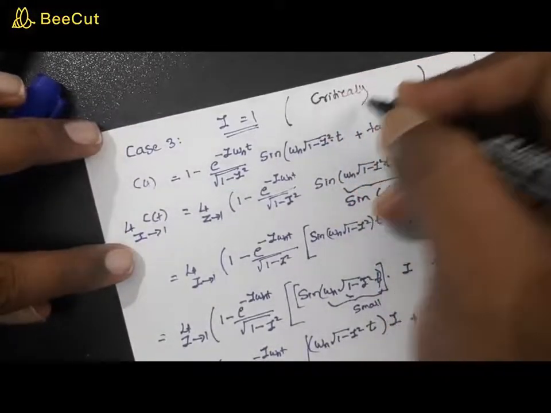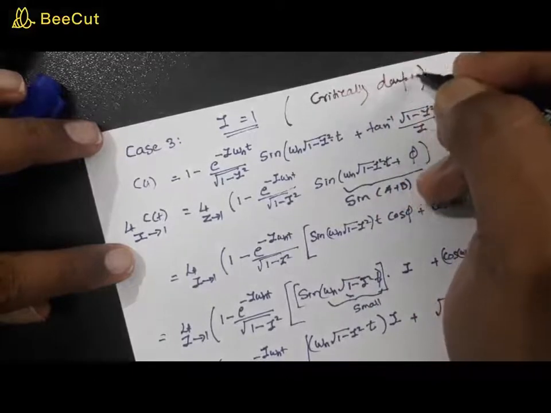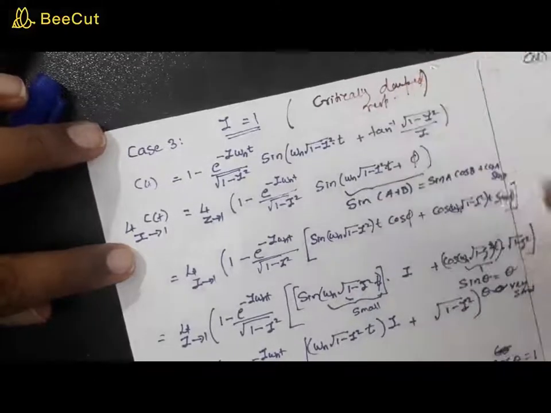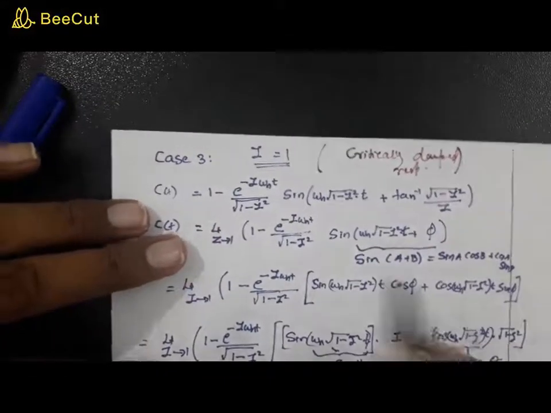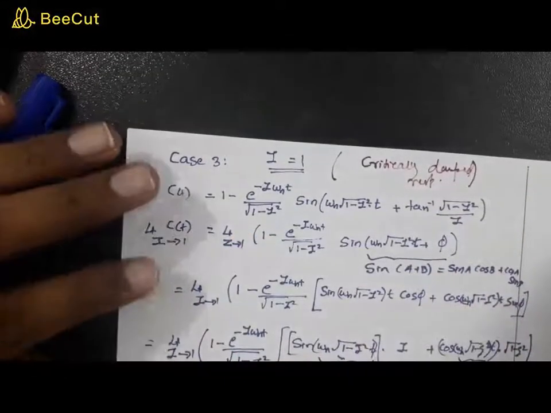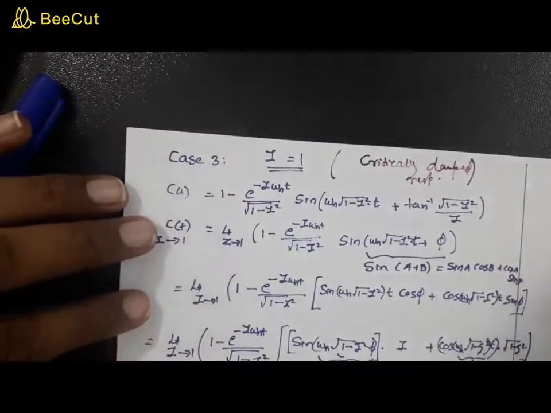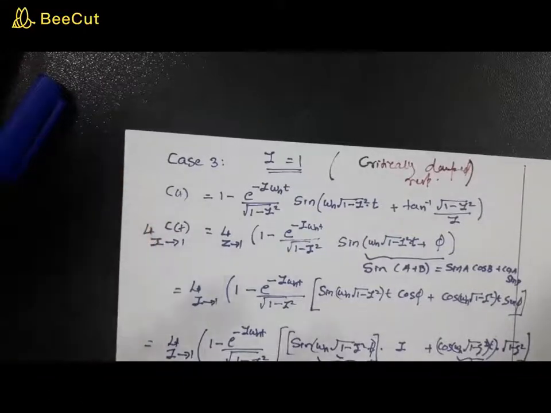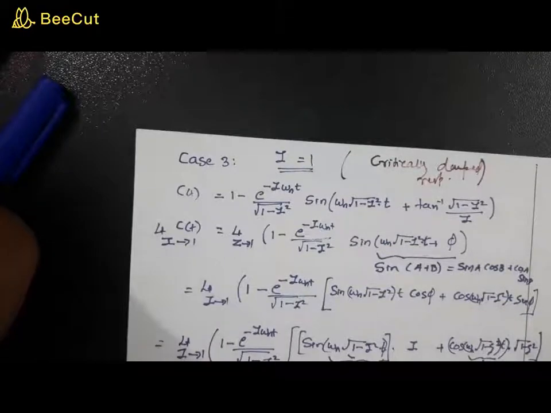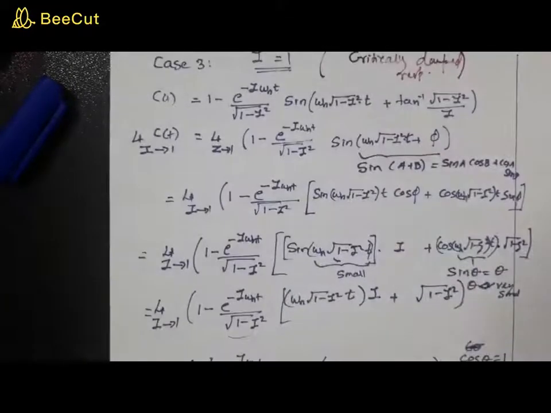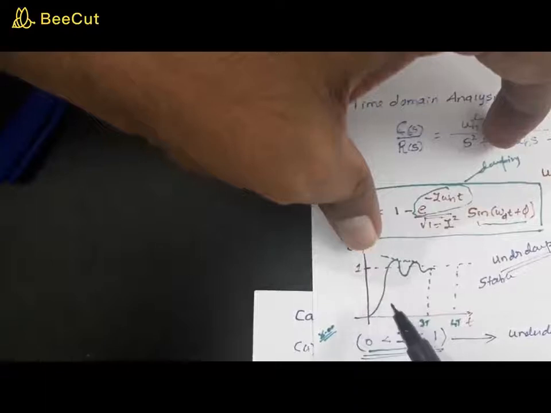This is the critically damped response. That is the case when theta is equal to 1. Now if it goes just below 1, it will oscillate. So this is the demarcation point, the critical point, which pushes it into oscillation.